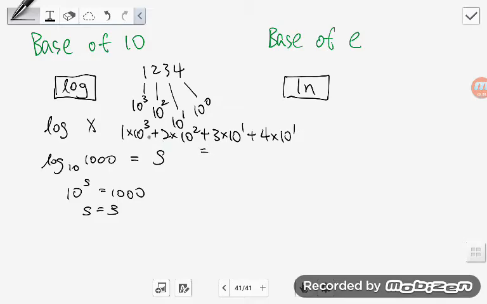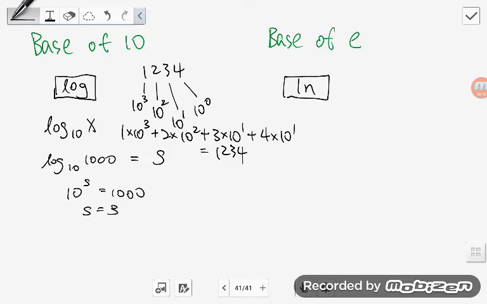So that will give me 1,234. So our number system is based on the number 10, and that's the reason why on a scientific calculator or your TI-84 or any GDC, you'll always see a log without a base. But you need to keep in mind that means 10.